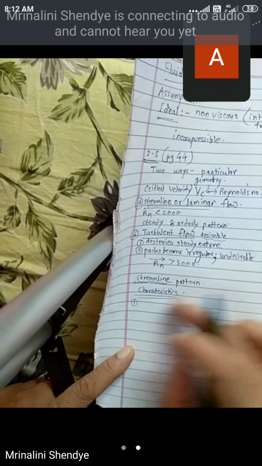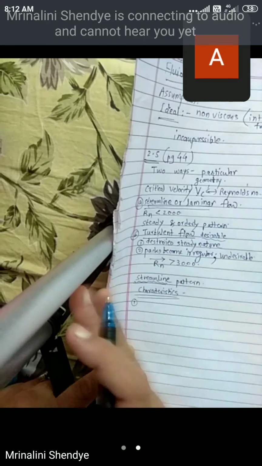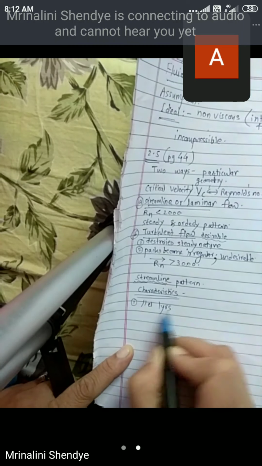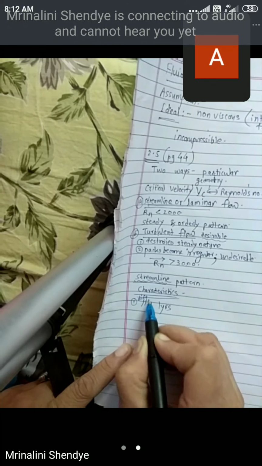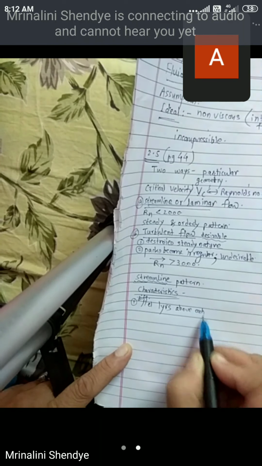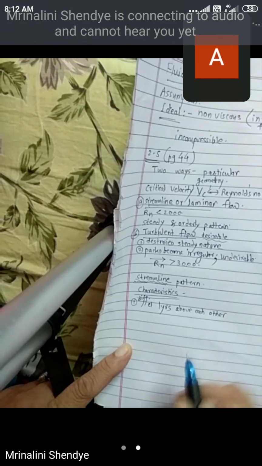The whole mass moves forward in different parallel layers above each other. This is its first characteristic.